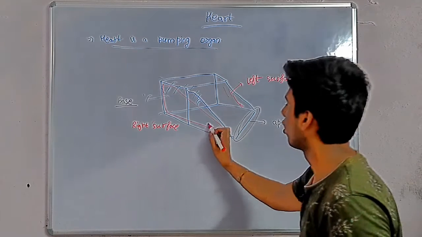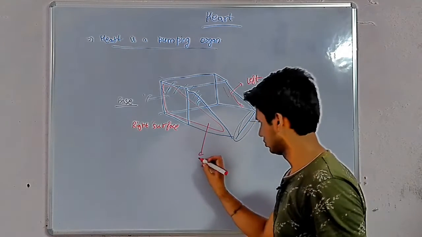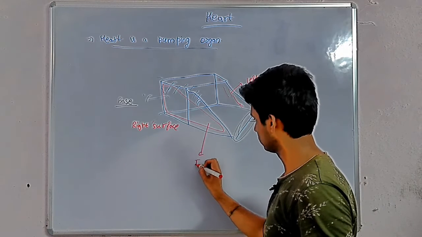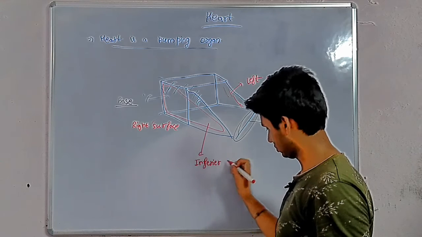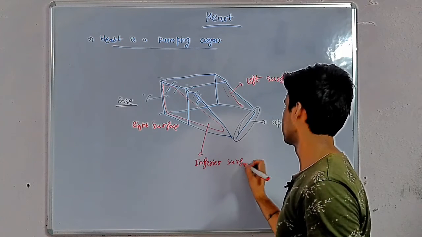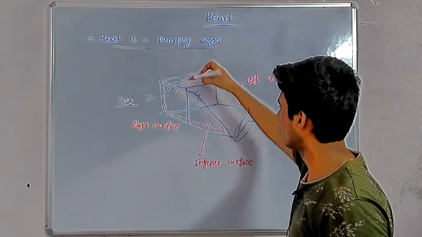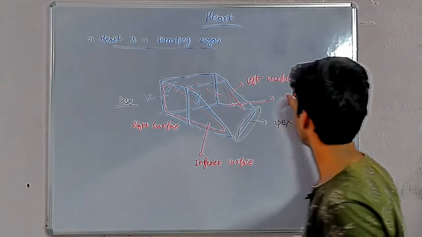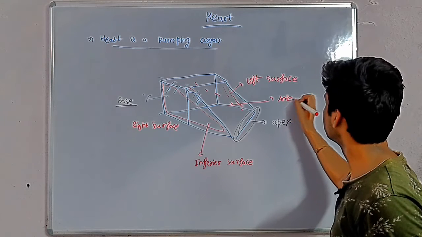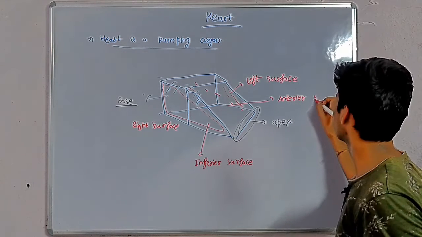And this is called the inferior surface. And the front, this is called the anterior surface.